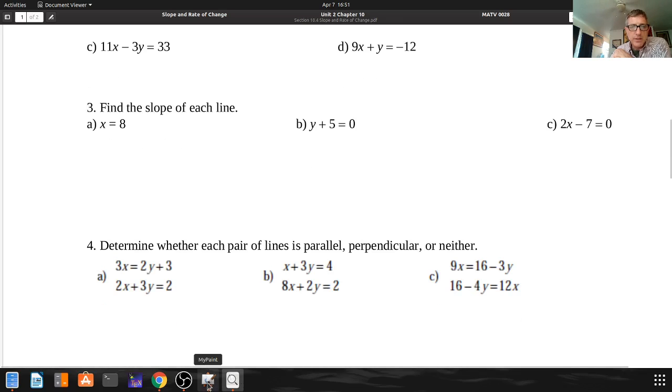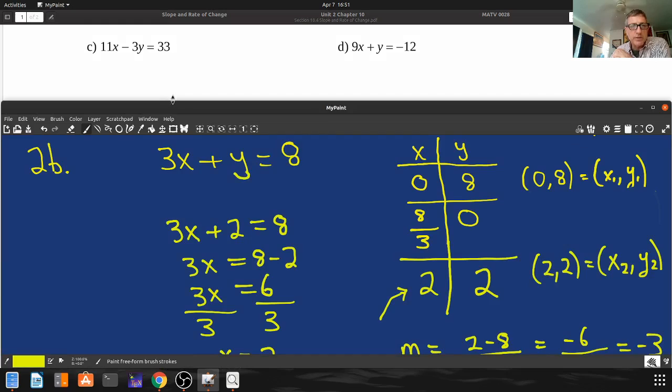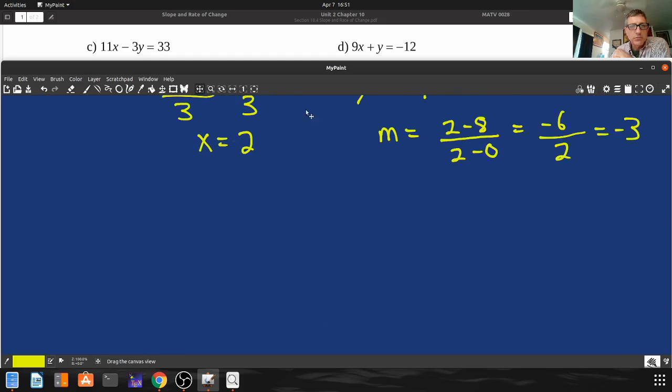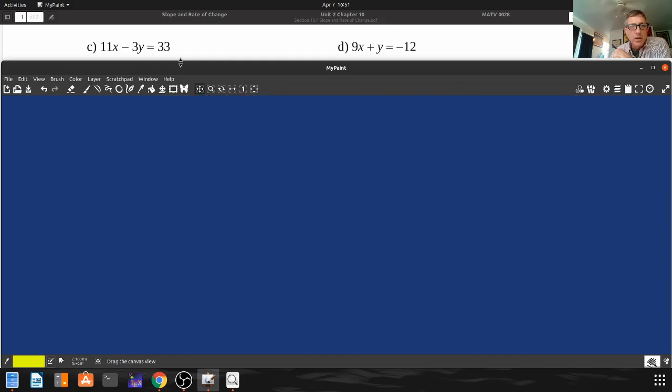So we're finding the slopes of a lot of lines. So the only way we can do it right now is to find 2 points that lie on the line. And we've been doing that an awful lot. So this is 1C.